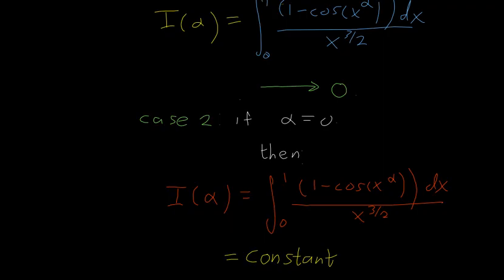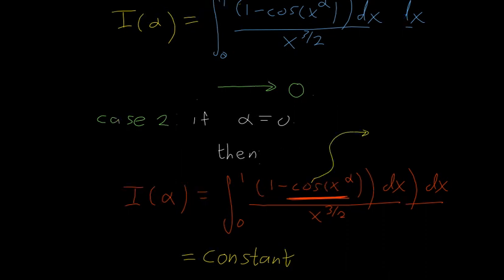Cosine of 1 is going to give you a number. Notice that when alpha is 0, cosine of x to the alpha is less than 1. So this will be 1 minus a number less than 1, and you get a number that's greater than 0. So we'll just say it's a constant. After you integrate that, you know it's going to be a constant.